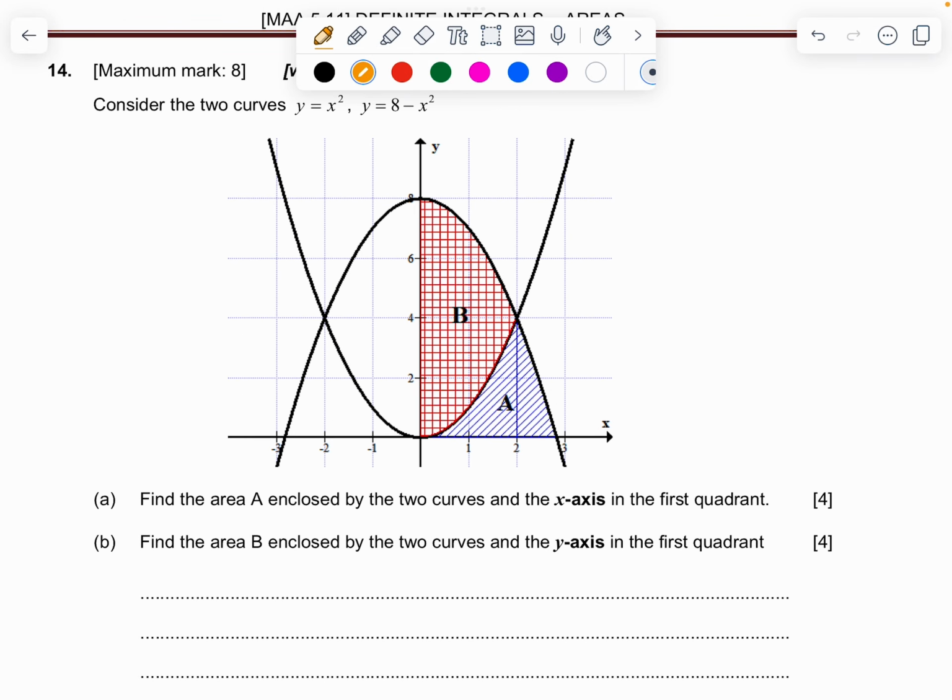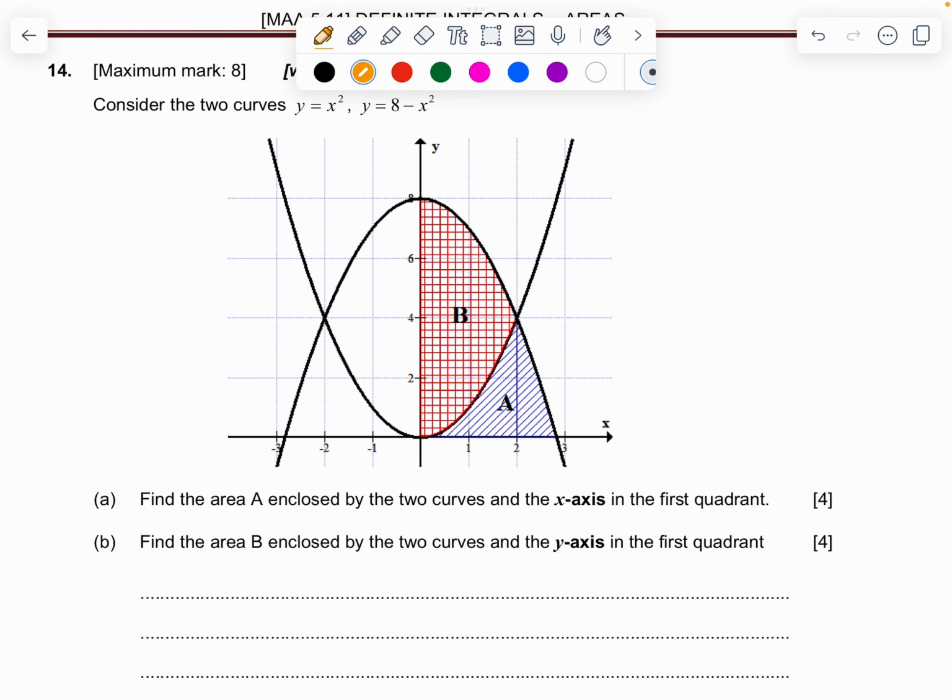So once again, let's erase all. I want to find the area A. It is made up of two parts, A1 and A2.